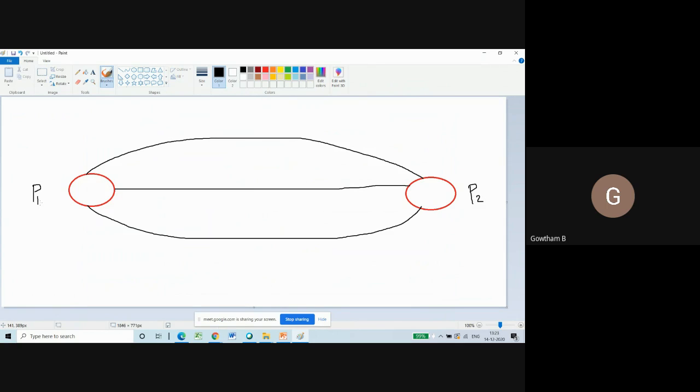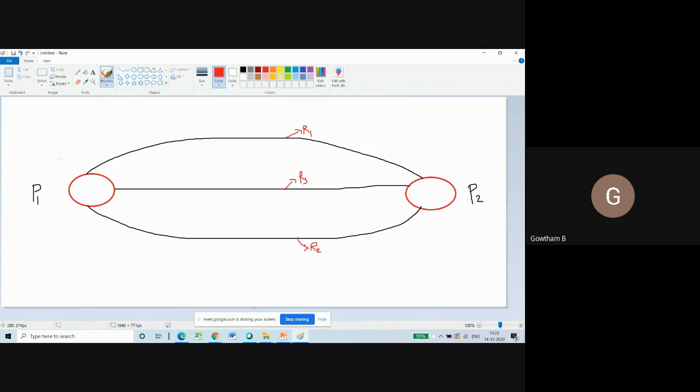I repeat, two places are there, place number 1 and place number 2. In order to travel from place 1 to place 2, we have three roads.